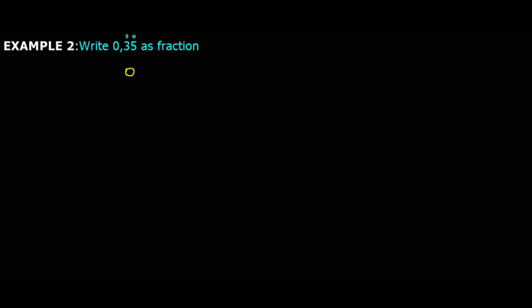So step number 1, we let x be whatever you are feeling. So x is equal to 0.35 recurring, and we name this our equation 1.